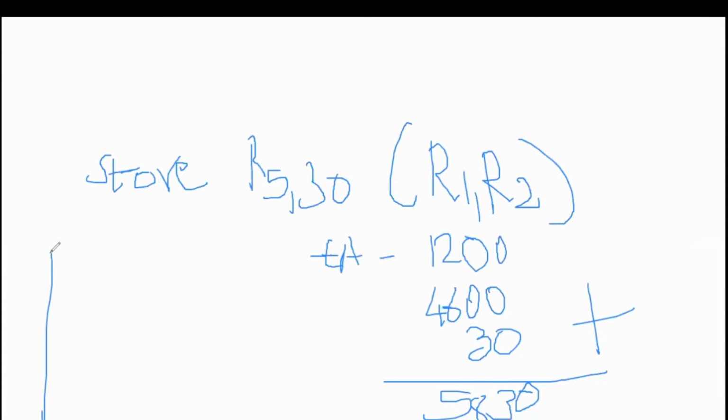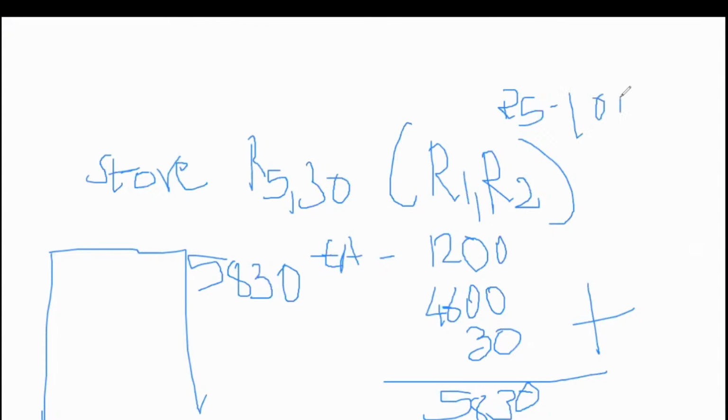In that 5830 memory location, we are placing the value of R5. R5 can be anything; you take that value from R5. Suppose it is 100, that will be placed here. Got it? Base with index and offset. Okay, next you tell me the next instruction.